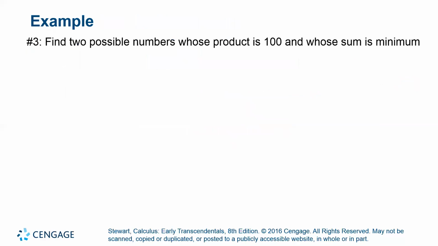All right, now here is another simple problem where it says find the two numbers whose product is 100 and whose sum is minimum. Okay, so I'm going to let x and y be the numbers.